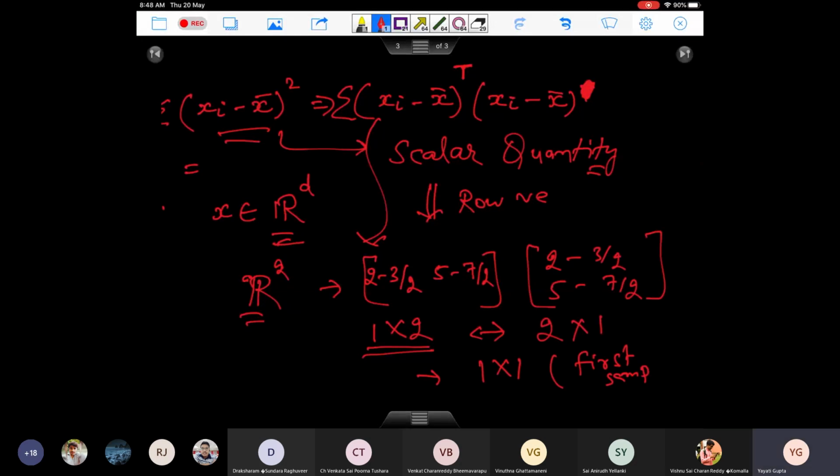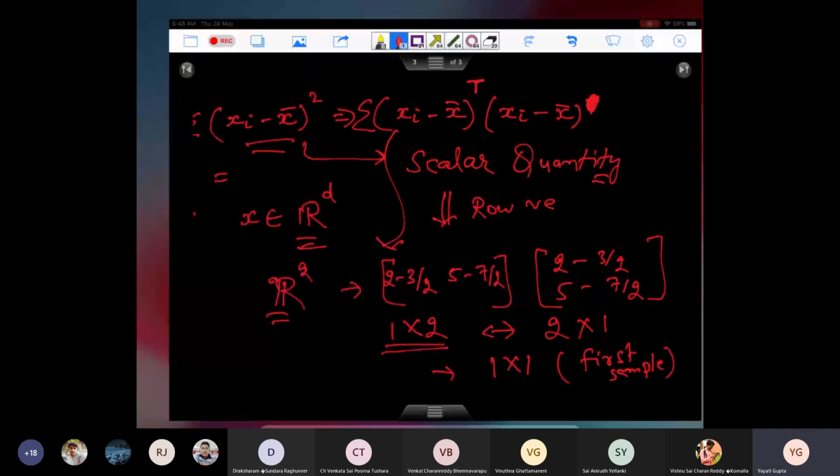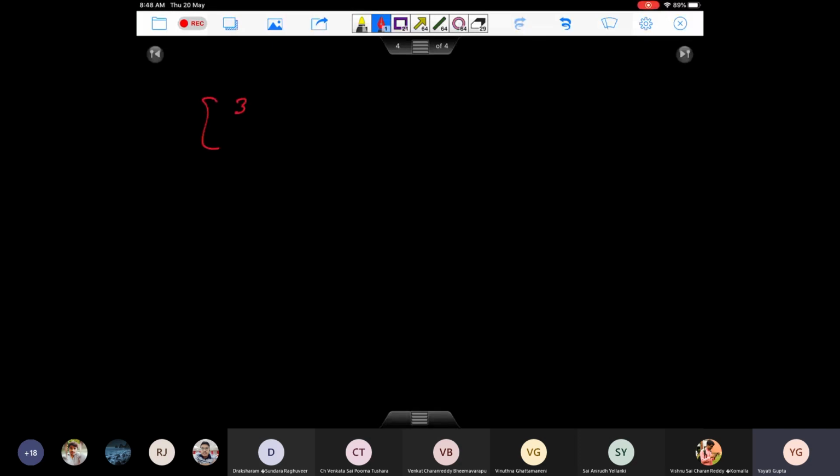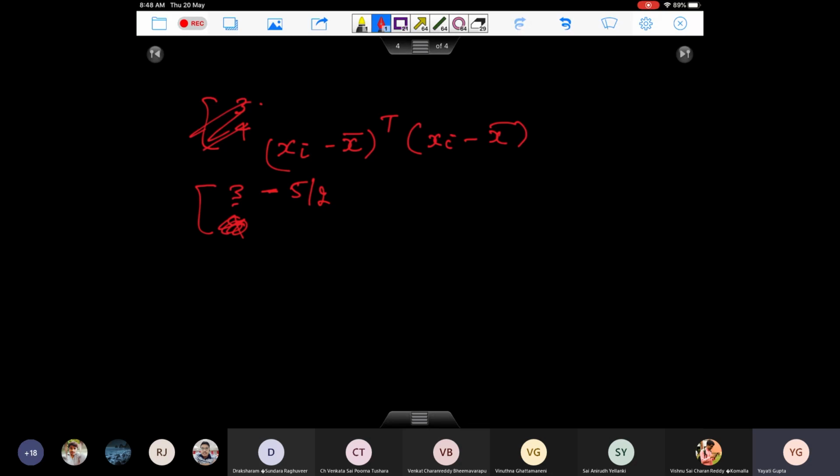Similarly, if you go to the second sample, I think the second sample was 3, 4. Again, you'll repeat the same process. We are trying to look at xi minus x bar whole transpose into xi minus x bar. So this was 3 minus 5 by 2 and 4 minus 7 by 2.